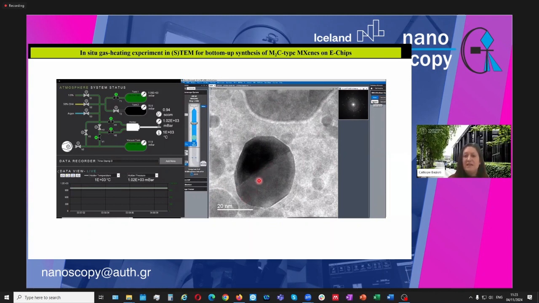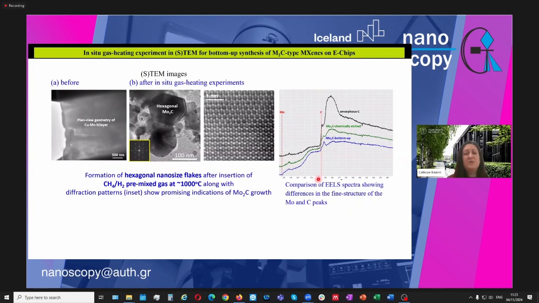Here you can see that in one of the flakes, we can have crystalline information. We can see the lattice planes and have also information from the FFTs. So to cut the long story short, this is how the sample was before and after the in situ gas heating experiment. We managed to form hexagonal molybdenum carbide flakes of good crystalline quality.